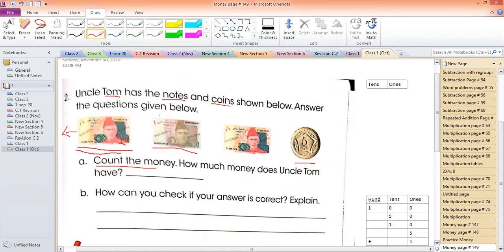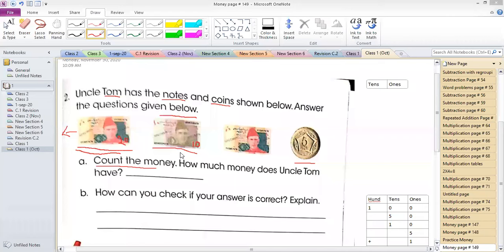This one. What is the value of this currency note? 10. Very good. You can see here, guys, it's written already. This is 1 and this is 0. So it has a value of 10. Very good.